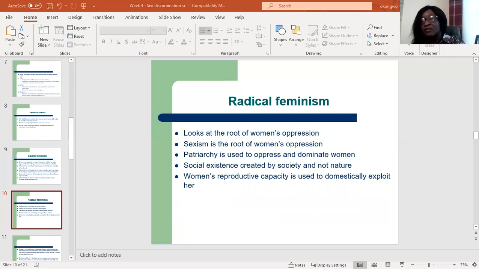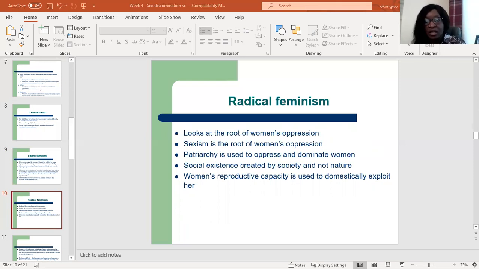They also believe that patriarchy is used to oppress and dominate women, and that to achieve equality, there needs to be a change in our consciousness and the views about women.